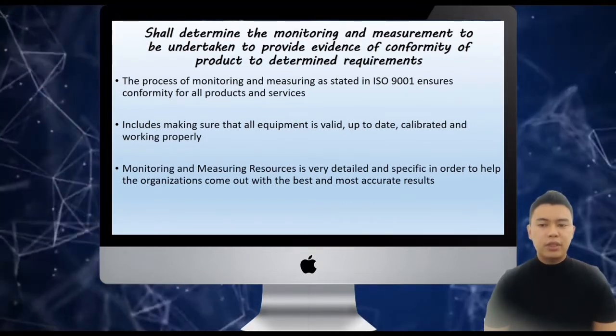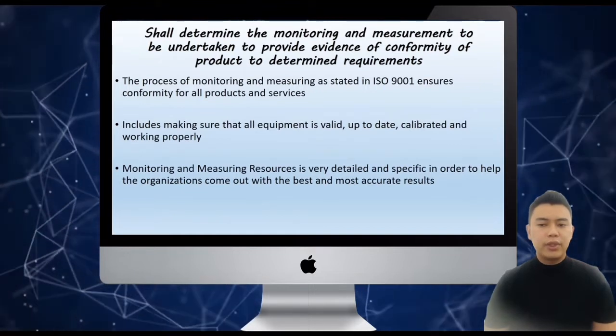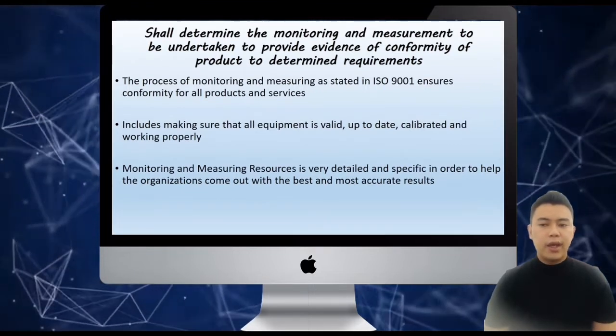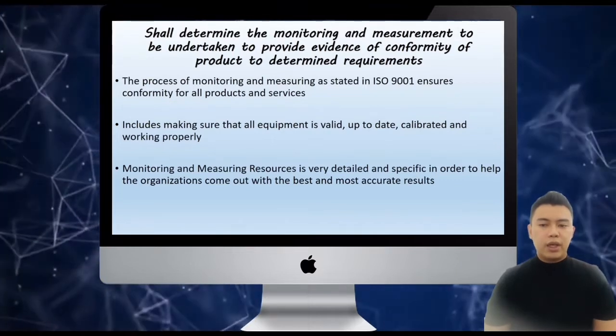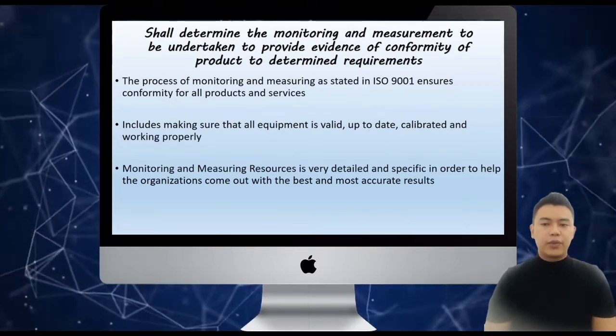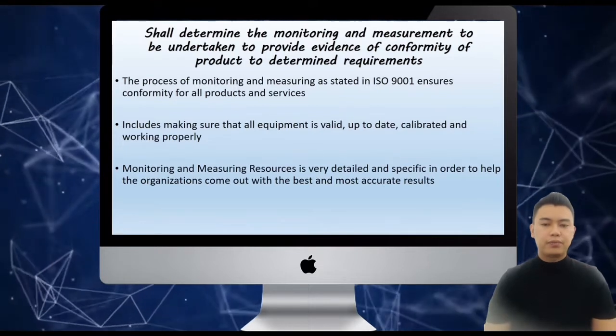If a business does not have control over the resources that are coming in and out, they will not be able to establish a clear vision of where the company is going.